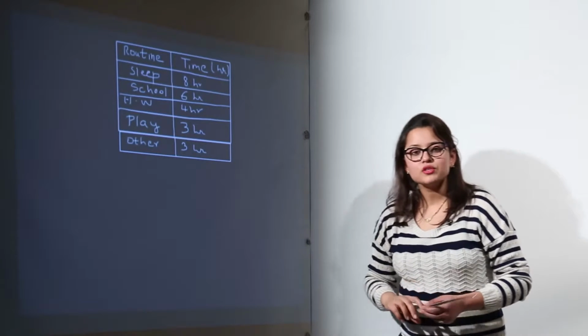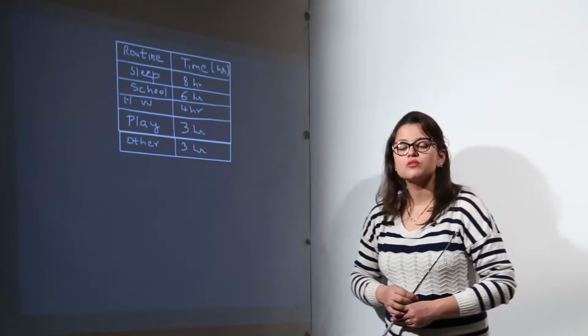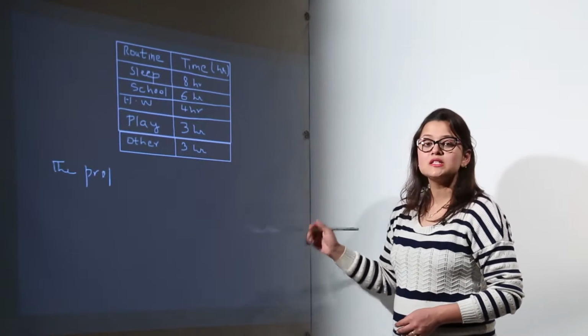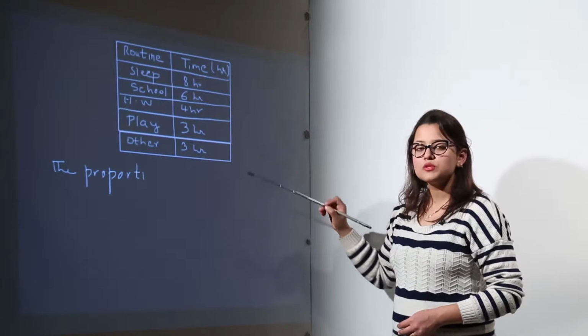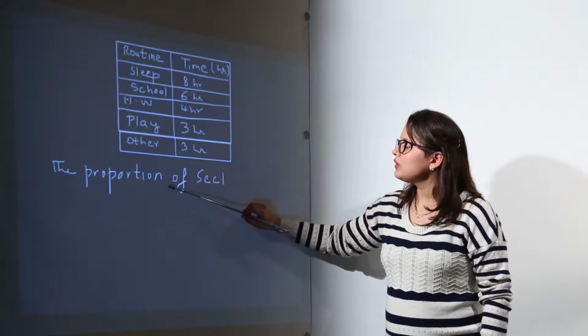Now for that, first of all, we need to be aware of the proportions of each case. We have to divide that pie chart into proportions, that means portions, right? How much part of the day he has been using for sleep. So how do we calculate proportions?